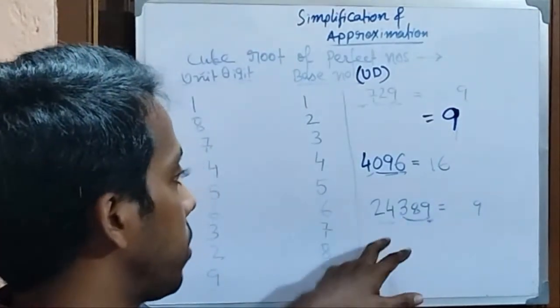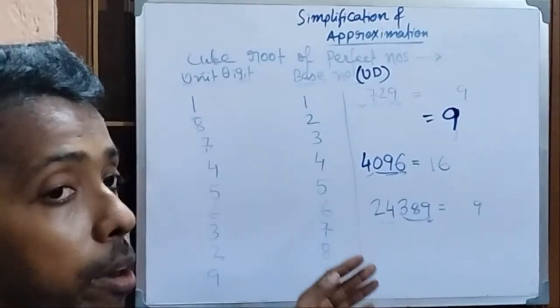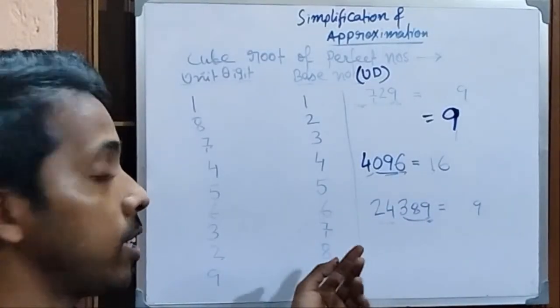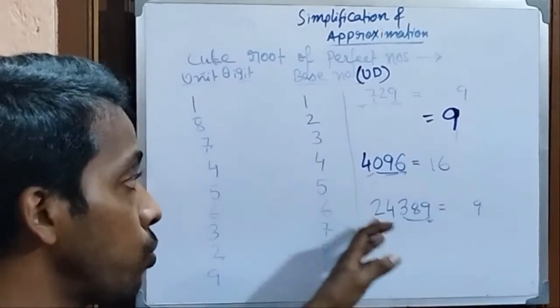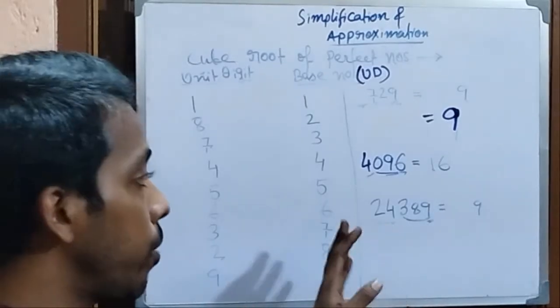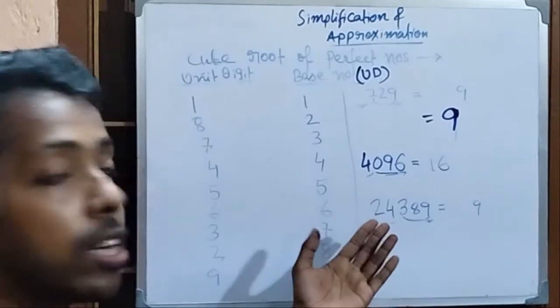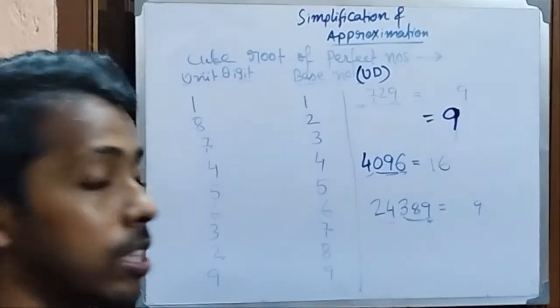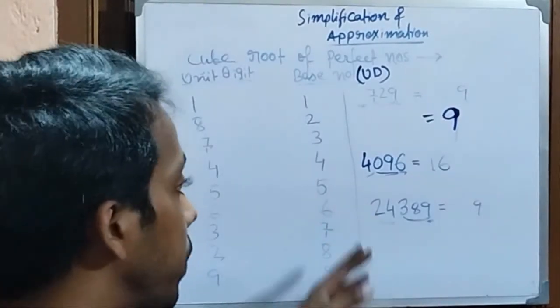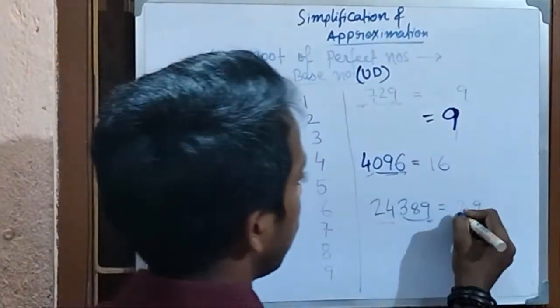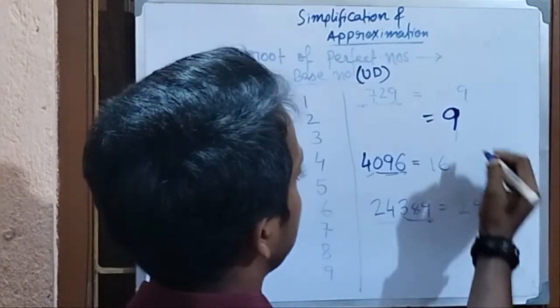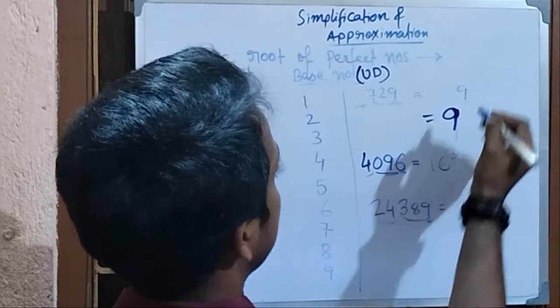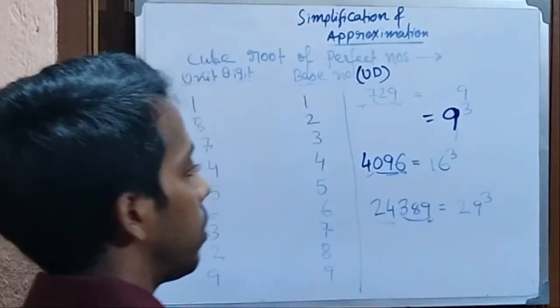Here the question comes: 24 is close to which number? 2 cubed is 8 and 3 cubed is 27. It is close to 27, but we cannot move beyond the given number, even if it seems very close. So we will take only 2 here. So 29 cubed is the answer. These are all cubes: 16 cubed, this is 9 cubed, like this.